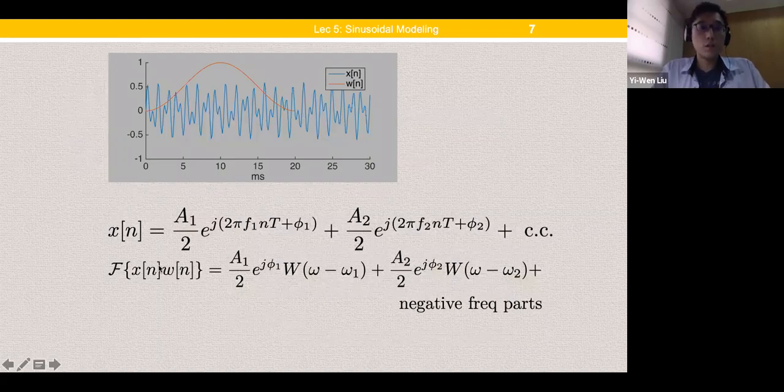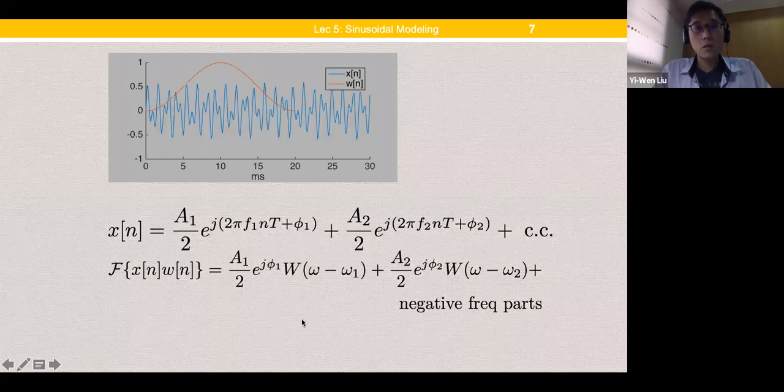So after multiplying x with the window and doing the DTFT again, the result is still these amplitudes A1, A2 with the corresponding phases, as well as a copy of W. Big W is the Fourier transform of small w, the Fourier transform of the window. So we will see a copy of that shifted to the frequency of the respective tones.